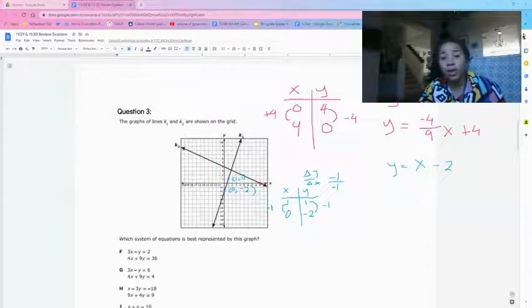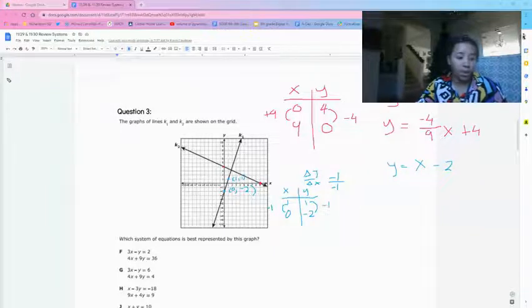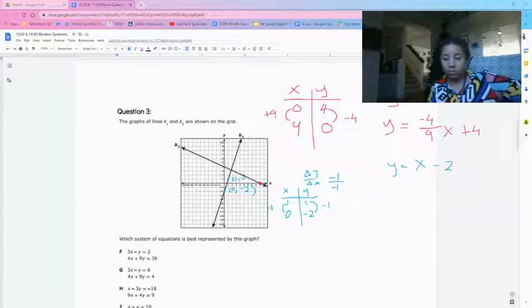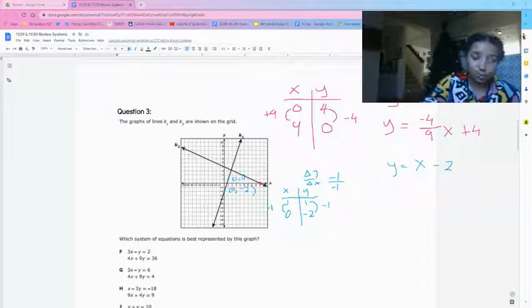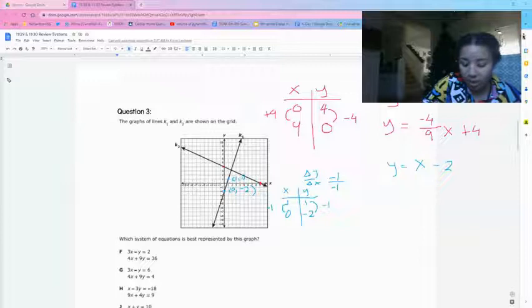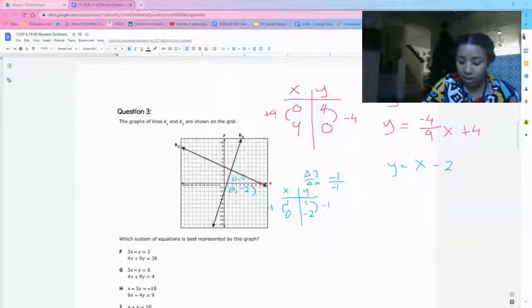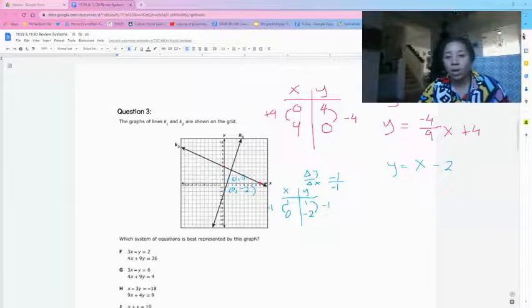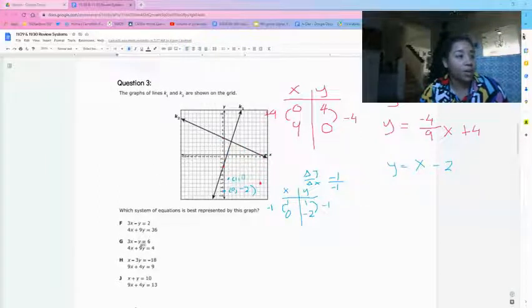So now when we're looking at our answer choices, make sure you write this down on some piece of paper. I am too, because I'm about to scroll up and change scenery. Y equals negative 4 over 9x plus 4, and then y equals x minus 2. We are going to make sure that we get x and y on the same side.